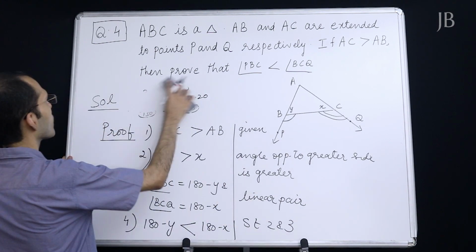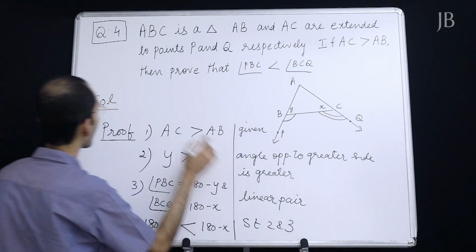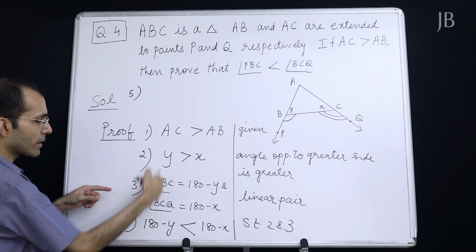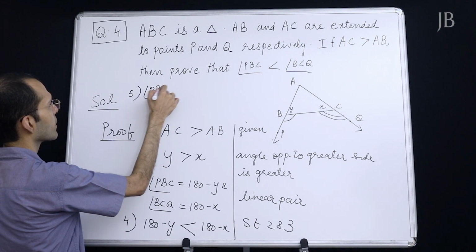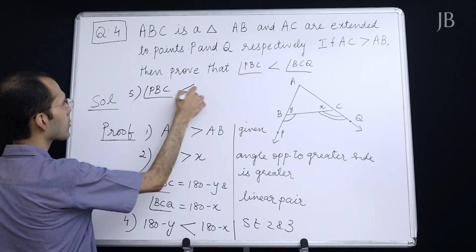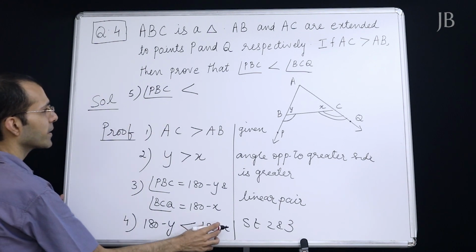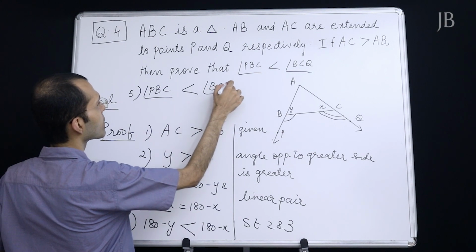So let's put it here formally. 180 minus Y will result in angle PBC, sorry. And the inequality will automatically reverse because of the reason which I just now showed you. And 180 minus X represents angle BCQ.